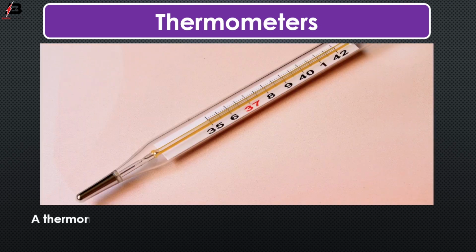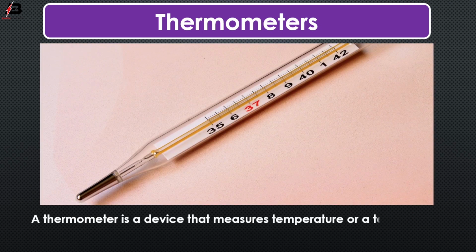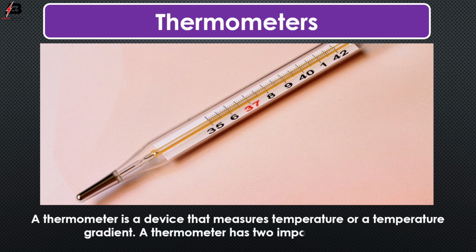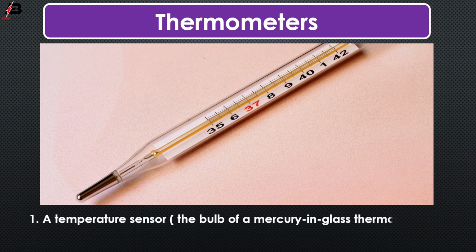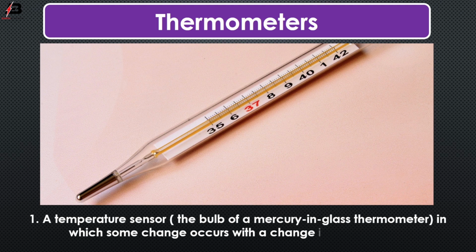Thermometers. A thermometer is a device that measures temperature or temperature gradient. A thermometer has two important elements. Number one, a temperature sensor, the bulb of mercury in glass thermometers, in which some change occurs with a change in temperature.